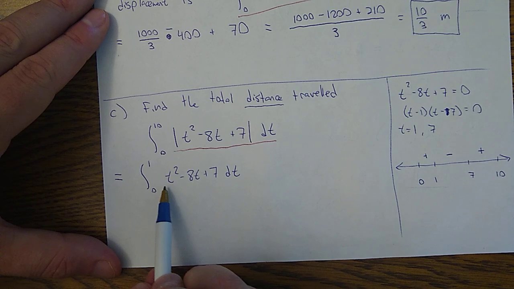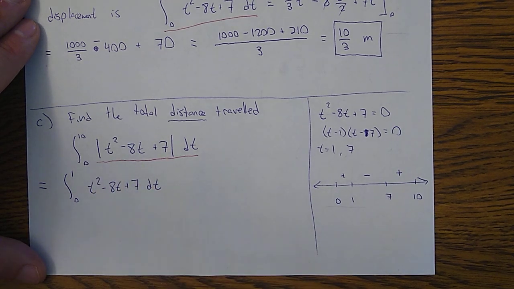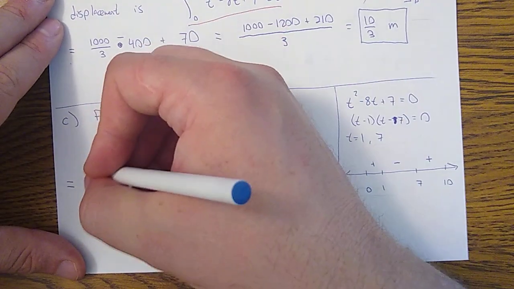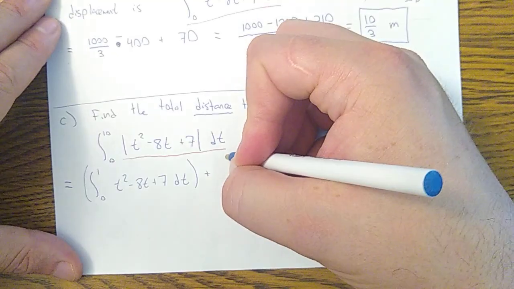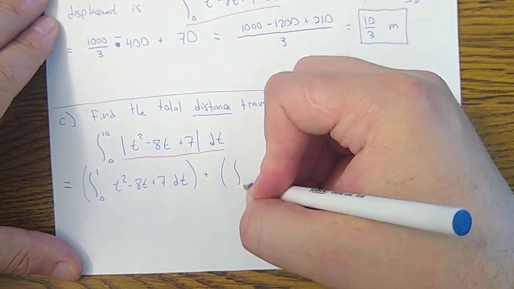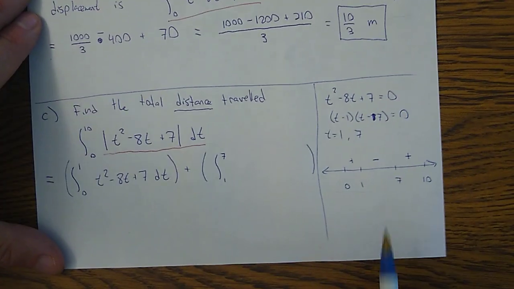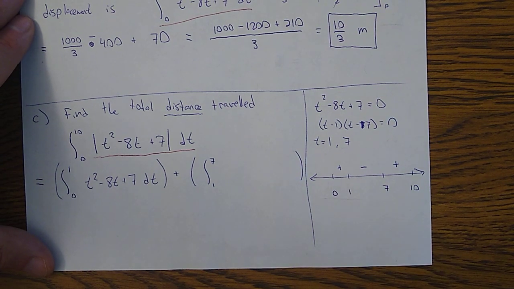In that interval, I just drop the absolute values because I've determined that this is already a positive number on that interval, so the absolute values weren't doing anything. Plus the integral from 1 to 7, that's my next piece. And I'm going to go until I make it all the way to 10.